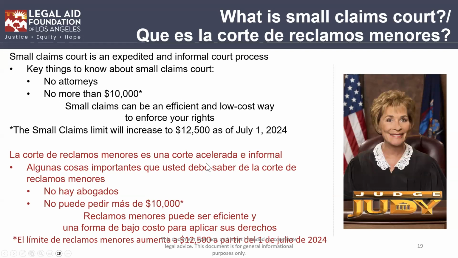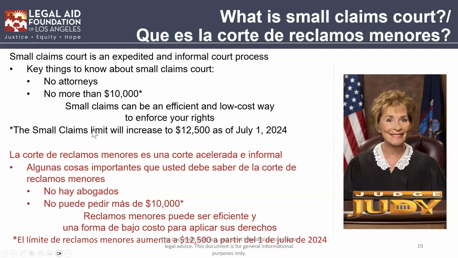So small claims court, if you have a lawsuit for what is, in the eyes of the court, considered a relatively small amount of money, small claims court can be a much more low cost and efficient way to enforce your rights. A small claims court case from start to finish can typically take about 3 to 6 months, whereas a limited or unlimited civil lawsuit can take a couple of years to get to the very end of the process.